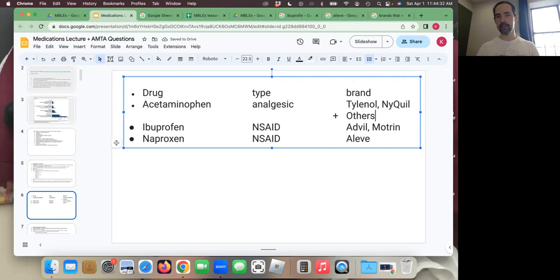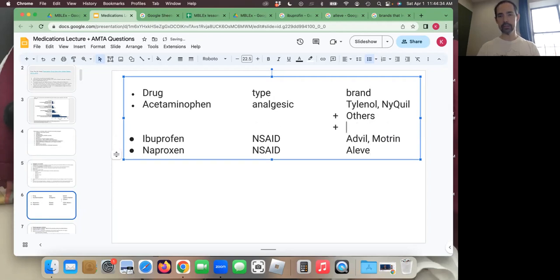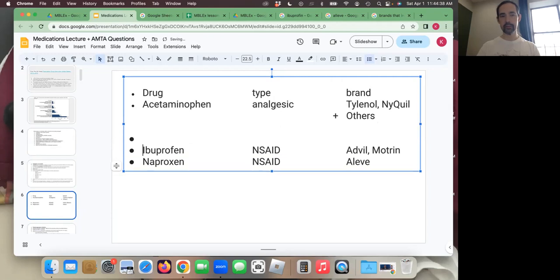In addition to acetaminophen, I'll also add salicylates or salicylic acid, and that also is an analgesic, and that is aspirin, and we know that as Bayer.